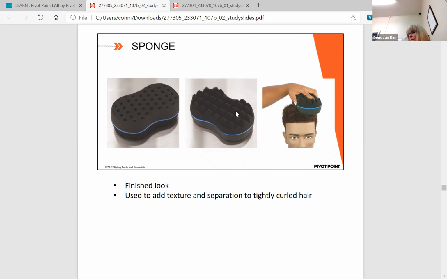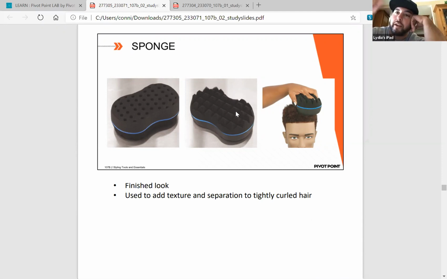A lot of times the sponge is used on wet hair, but the sponge gives you more fullness compared to the racket. The racket gives you more definition, and the sponge will give you more volume and fullness. It's also going to depend on the size of the holes in the sponge, because if it's a larger hole, it's going to give you a fuller look, versus, wait, I had that wrong. The smaller one is going to give you that.